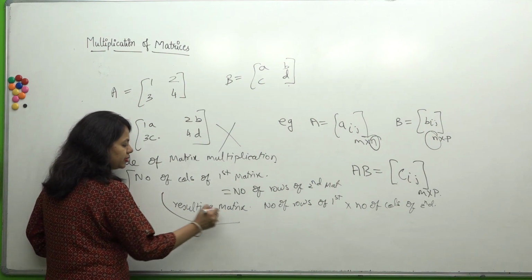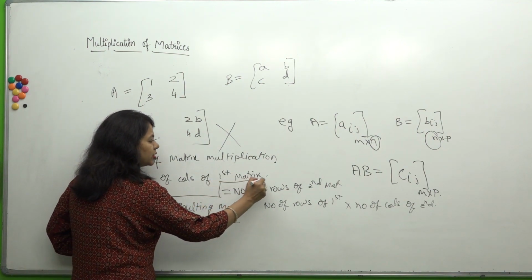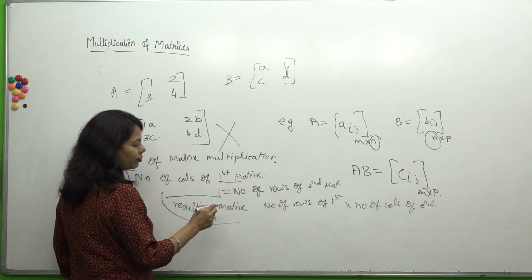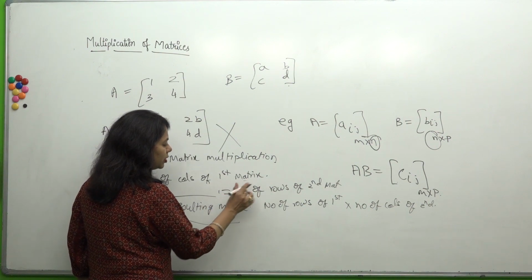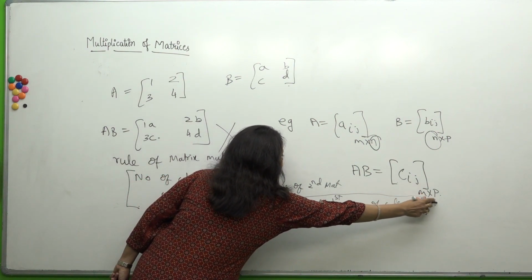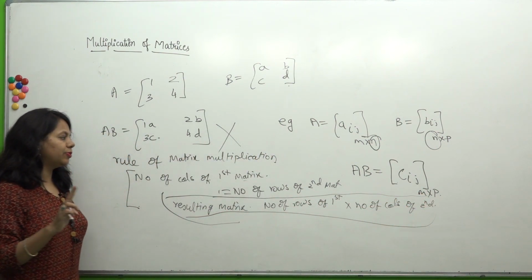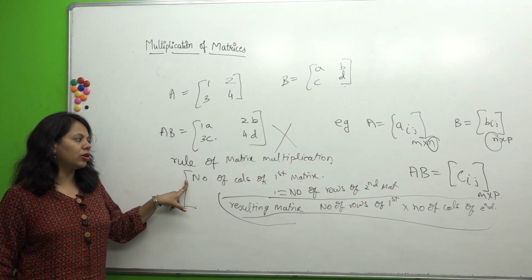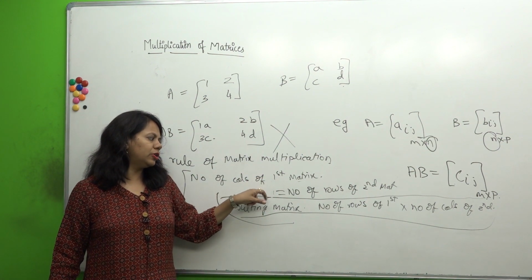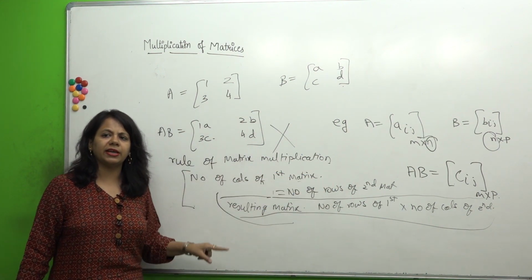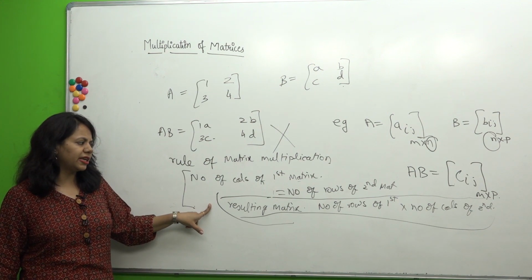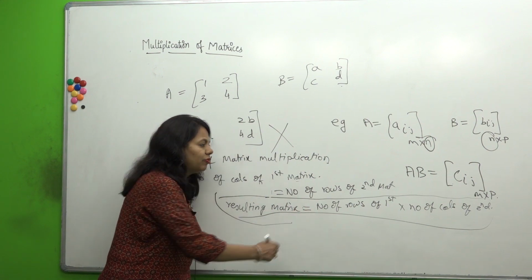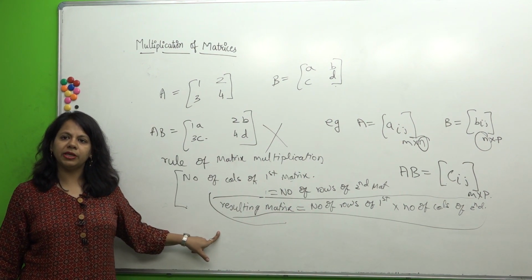The resulting matrix is number of rows of first into number of columns of second. So here were my two conditions to multiply. First condition was number of columns of first should be equal to number of rows of second, and the resulting matrix that I get is number of rows of first into number of columns of the second matrix.